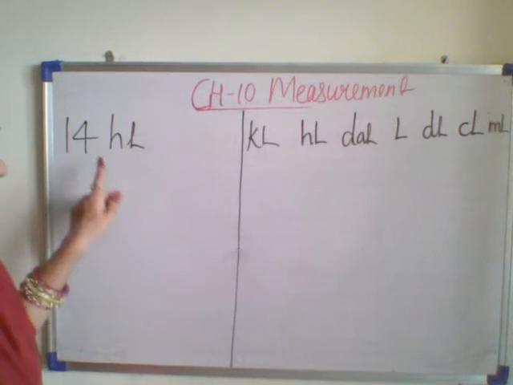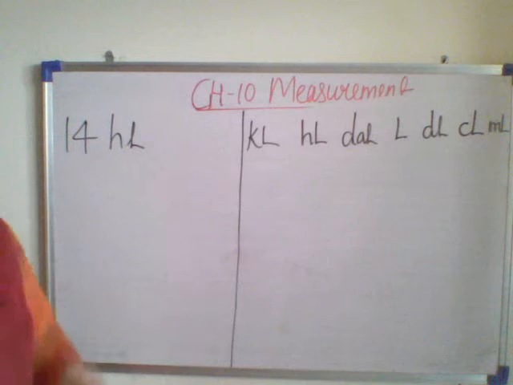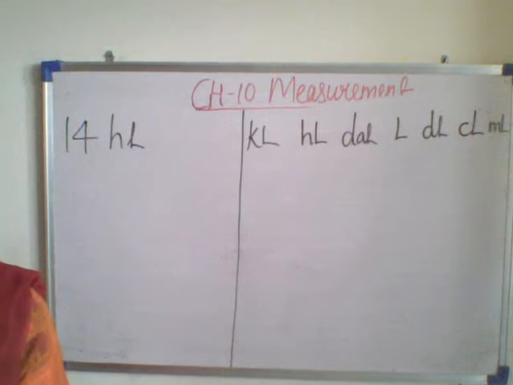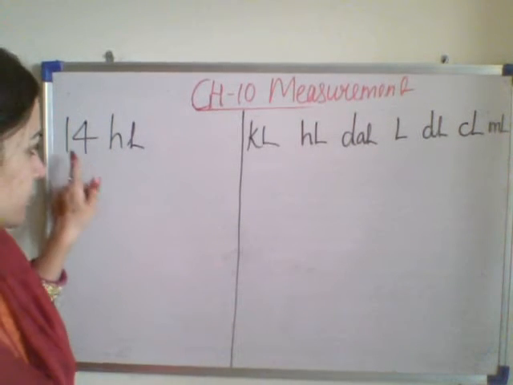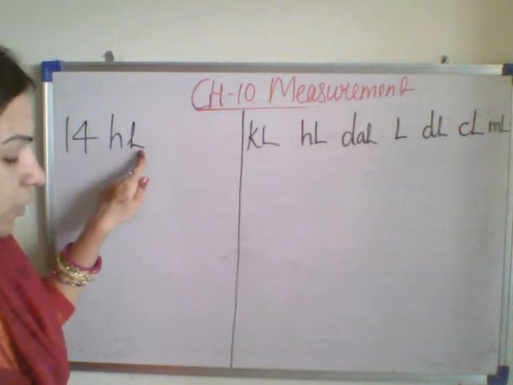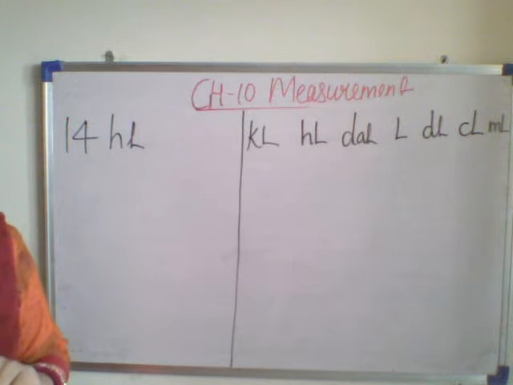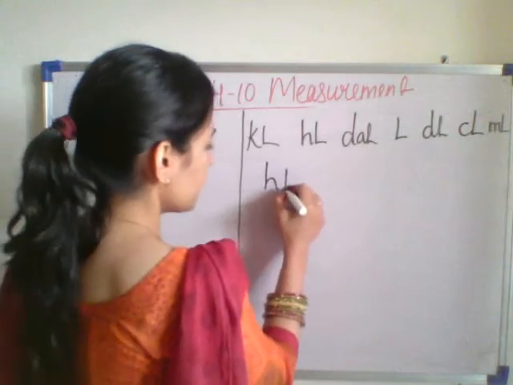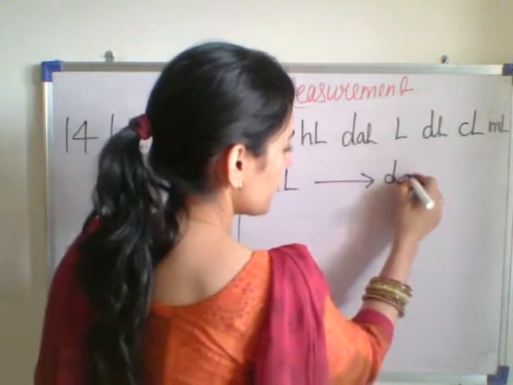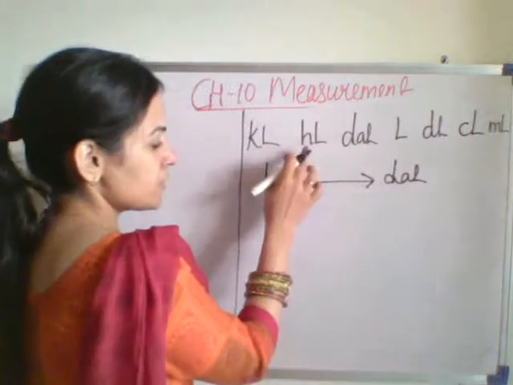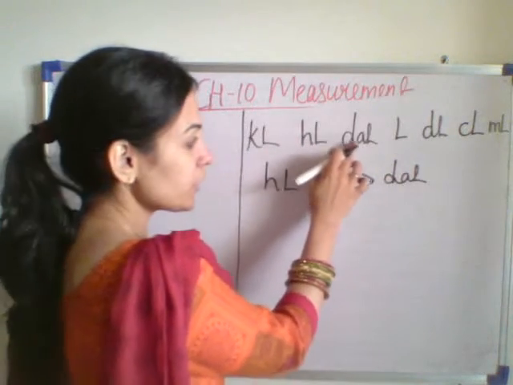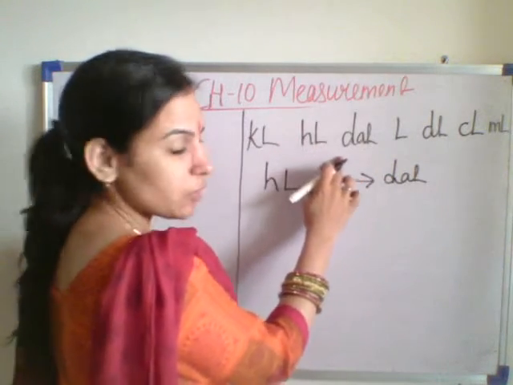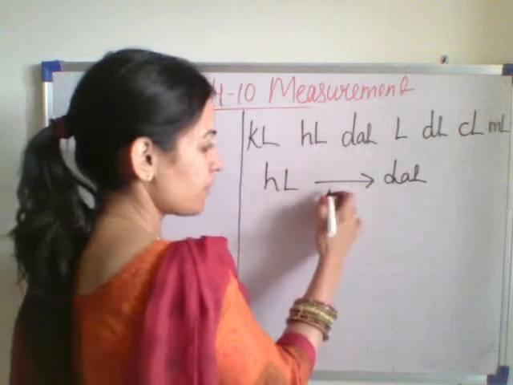Now what we have to do? The 14 hectoliter, I have to convert into decaliter. This is hectoliter, I have to convert it into decaliter. It means I am moving towards the right only one step.